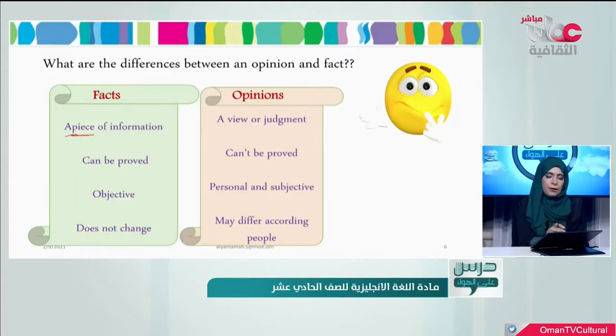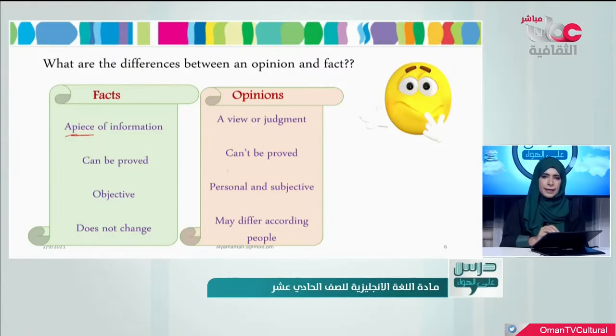We have here opinions. What are opinions? Opinions are views of a person or a judgment about something. As we said, saying this is more fun or this is the best is a judgment by someone, or might be a group of people. There could be some similarities in the point of view, but still there are differences between different groups.